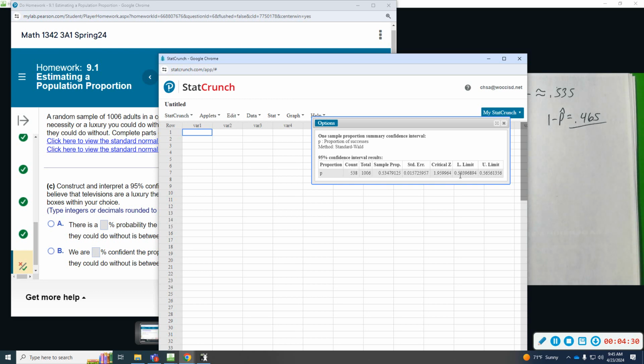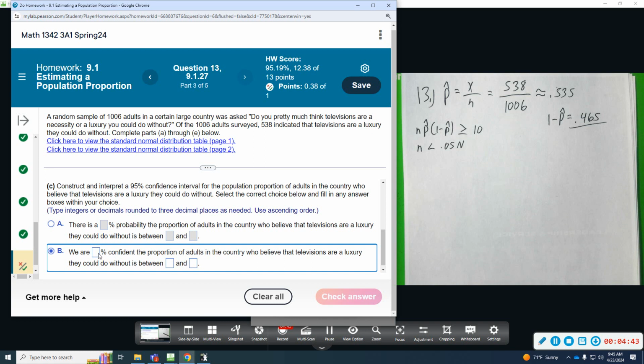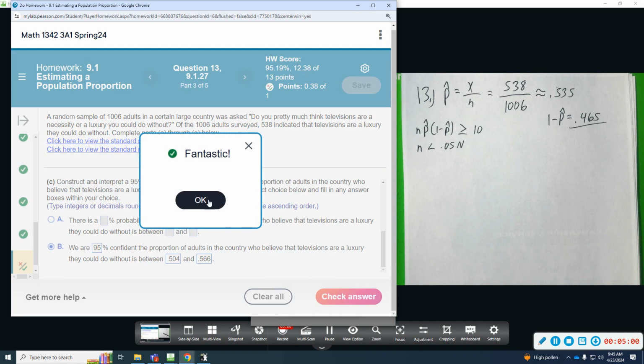The lower limit is 0.504 and the upper limit is 0.566. So we are 95% confident that the proportion of adults who believe televisions are a luxury they could do without is between 0.504 and 0.566.